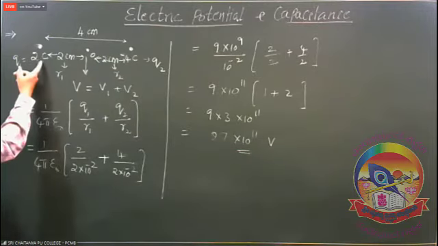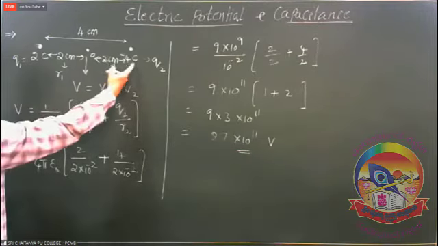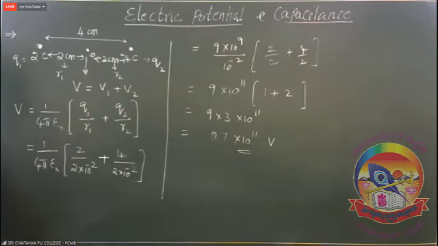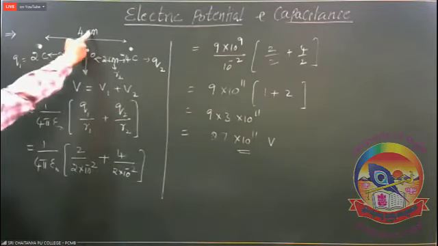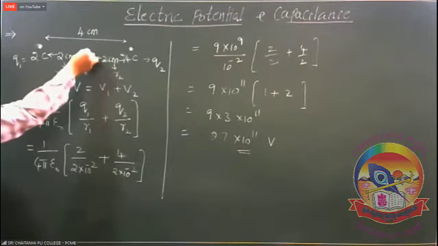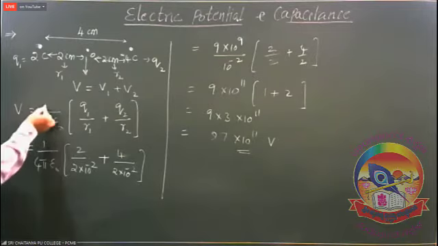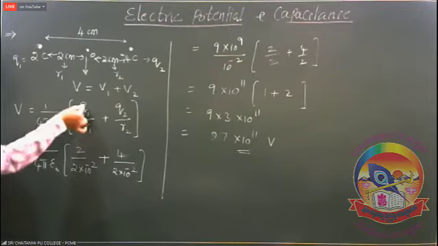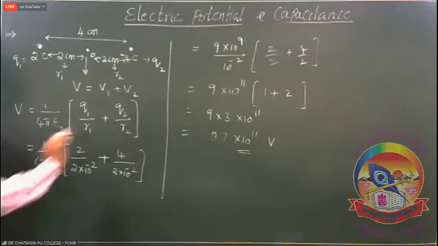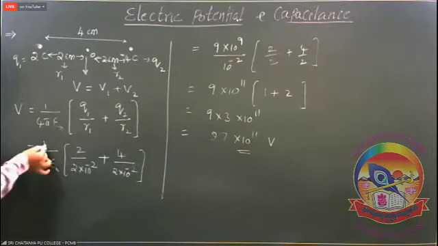First charge Q1 is 2 coulomb, second charge Q2 is minus 4 coulomb, and the distance between them is 4 centimeter. What is the potential at the midpoint? Same question. So where is the change in the problem? 1 by 4 pi epsilon naught is the same, Q1 by R1 plus Q2 by R2, no change.